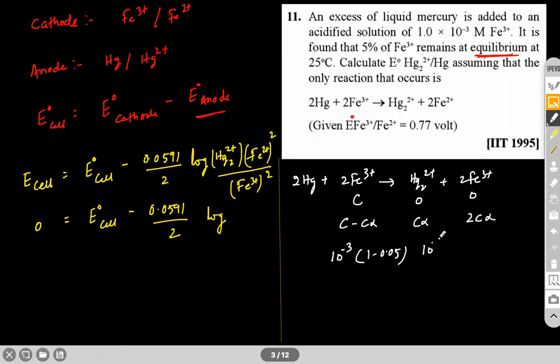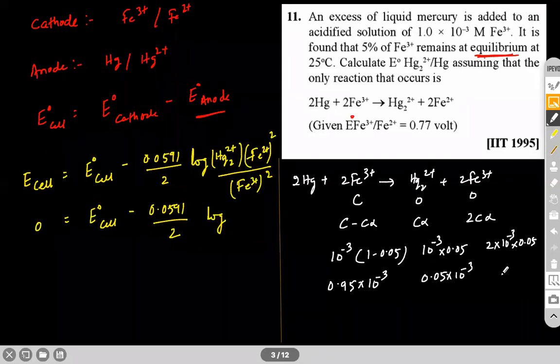C is 10 to the power minus 3, alpha is 0.05. So this is 0.95 into 10 to the power minus 3, this will be 0.05 into 10 to the power minus 3, and this will be 0.1 into 10 to the power minus 3.